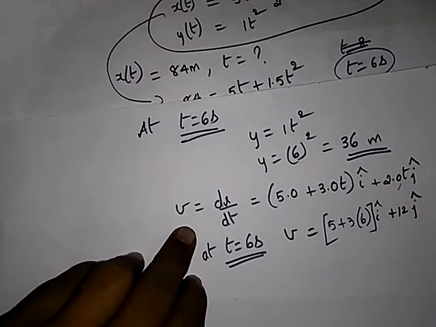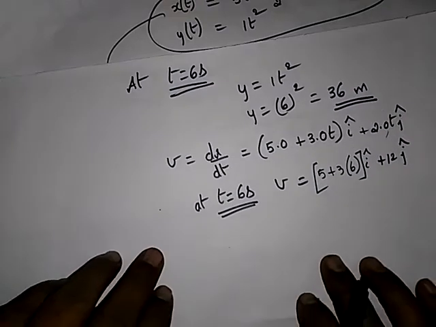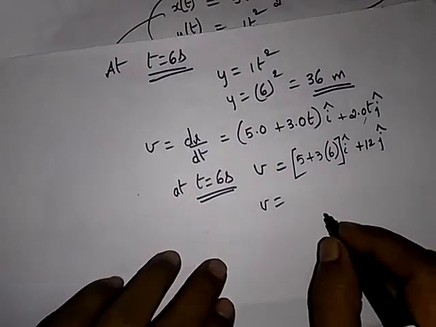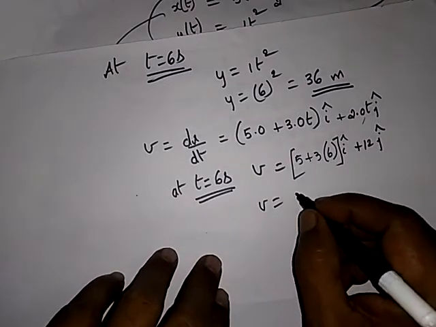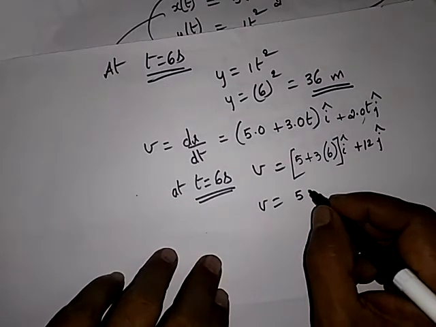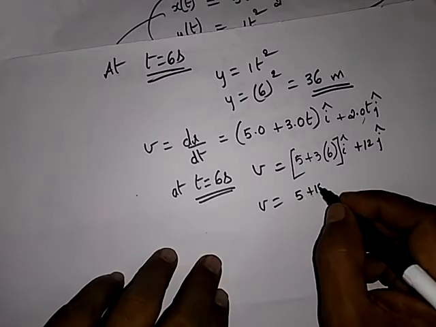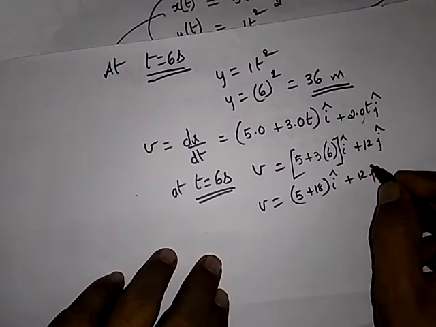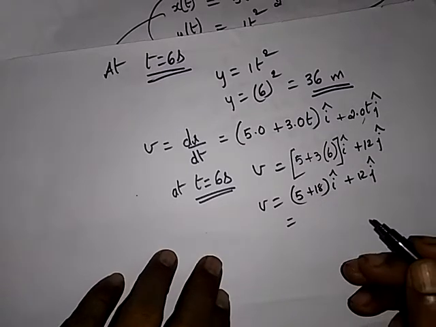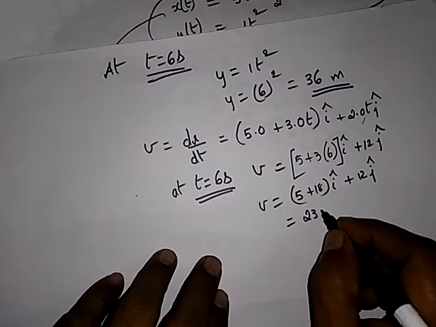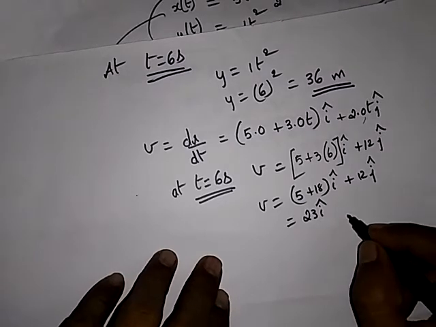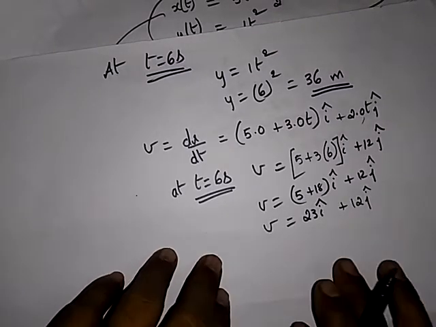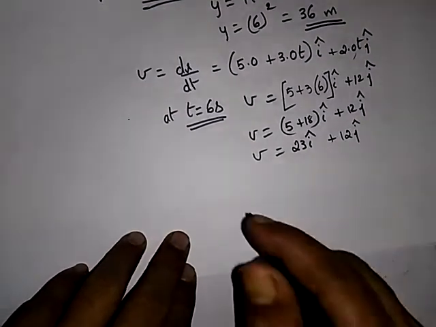Okay, now this is nothing but v is equal to 5 plus 6 threes are 18, i cap plus 12 j cap. So 18 plus 5, which is 23 i cap plus 12 j cap. This is the velocity. Now we are interested in finding out the speed.